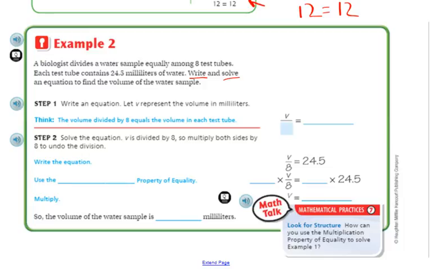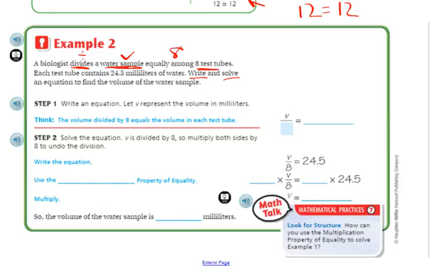So a biologist divides, there's a key term there. We know we're dividing a water sample equally among 8 test tubes. So really we're dividing by 8. Well, what are you dividing by 8? You're dividing the water sample. We're not sure what that water sample is, so we're going to let it equal V. It says write an equation, let V represent the volume in milliliters.